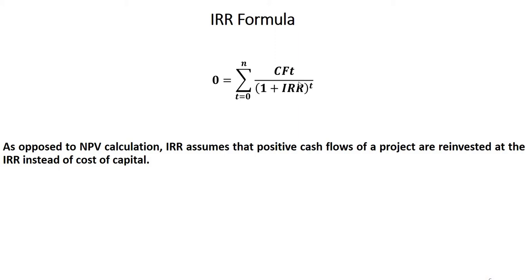One assumption that IRR makes that is not a good assumption is that all of the positive cash flows of a project are reinvested back at IRR instead of cost of capital.